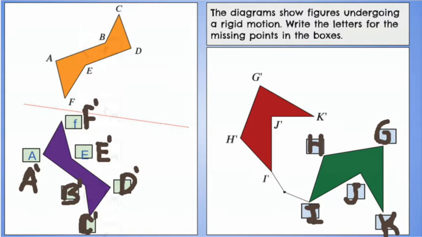So this one is Chris Maylin's. Would you be able to explain to us, please, which of the 3 motions you think this one is showing? Is it flip, turn, or slide?